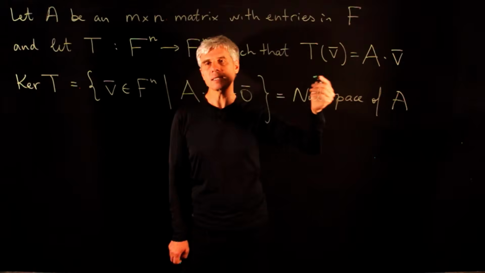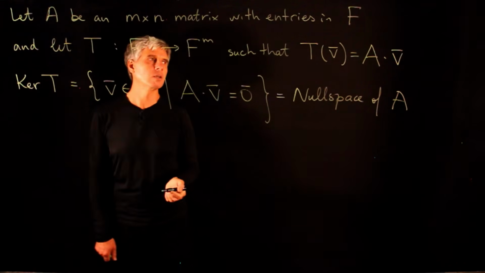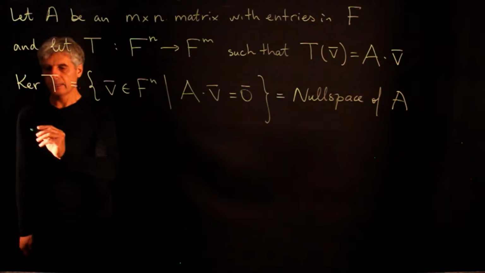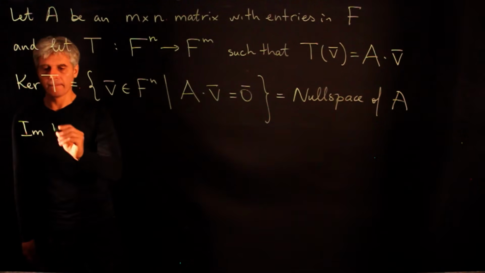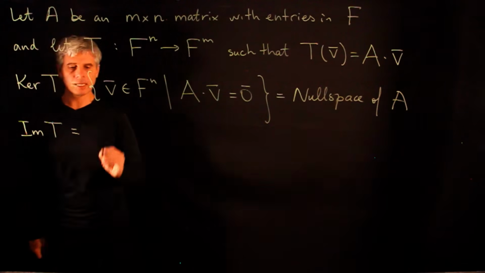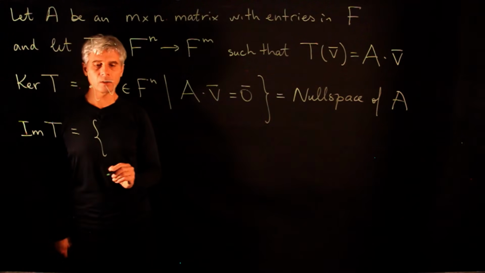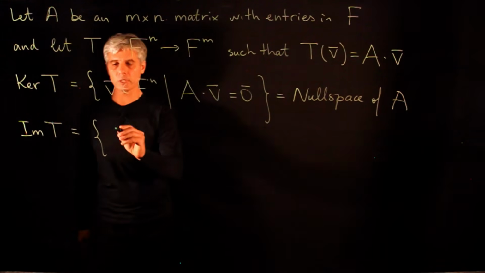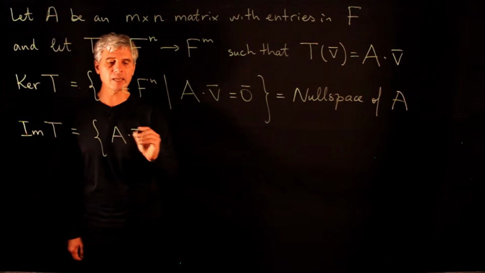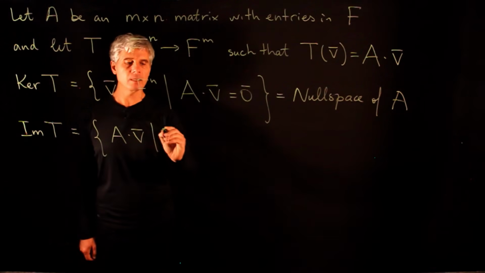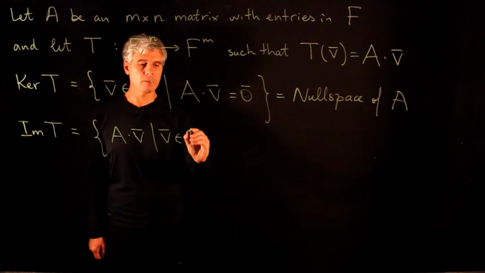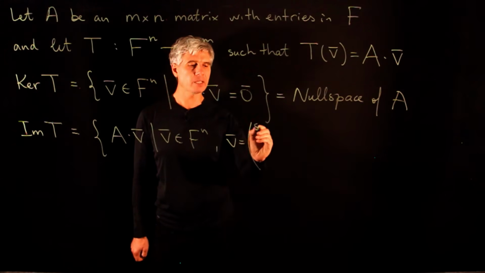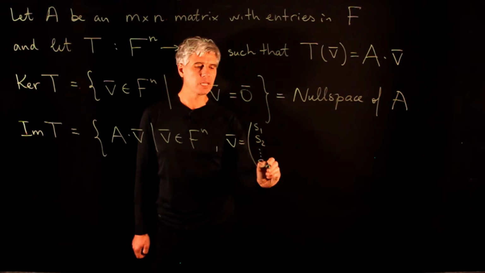And so we already know how to determine it. This means that in this setting, we can find, say, a basis of the kernel of T. Now, what about the image of T? The image of T is the set of all images under this transformation. So this means that we take all possible vectors A times V, where V runs over Fn, and we can write this vector as a column vector S1, S2, up to Sn.